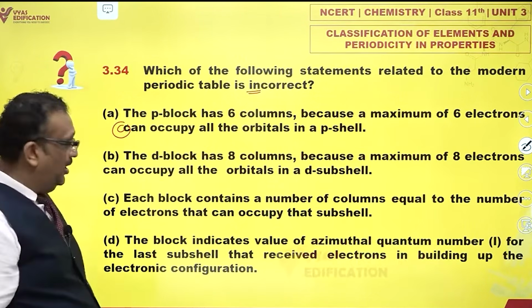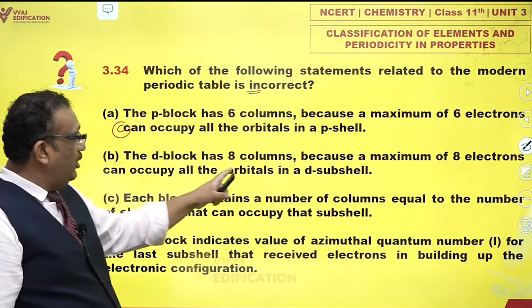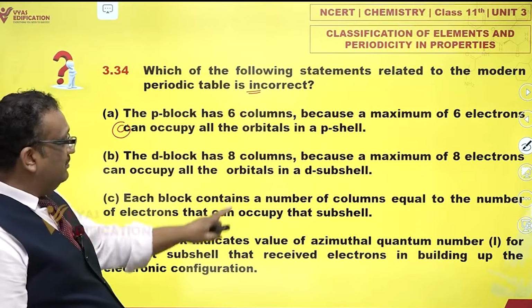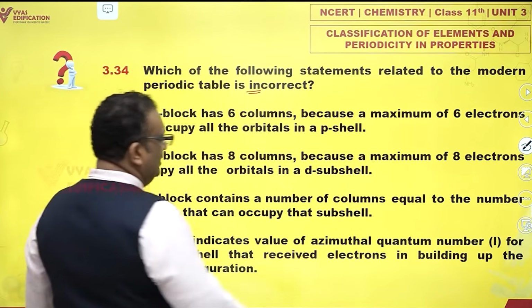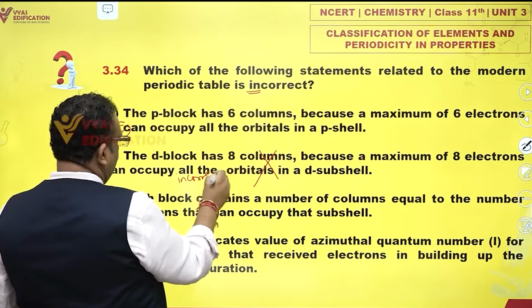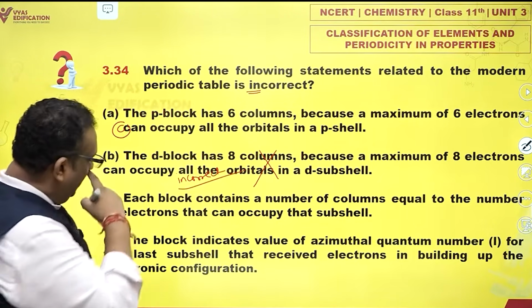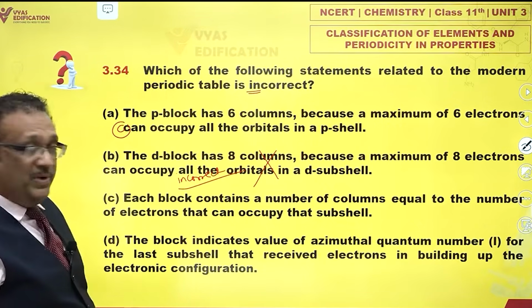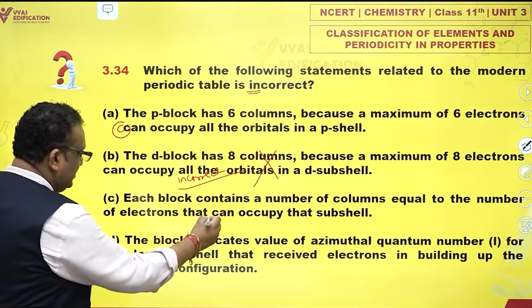So don't get confused. The D block has 8 columns. No, that is wrong. D block has 10 columns because a maximum of 10 electrons can occupy the D subshell. This is wrong. This is incorrect. Each block contains a number of columns equal to the number of electrons that can occupy that subshell. This is correct.